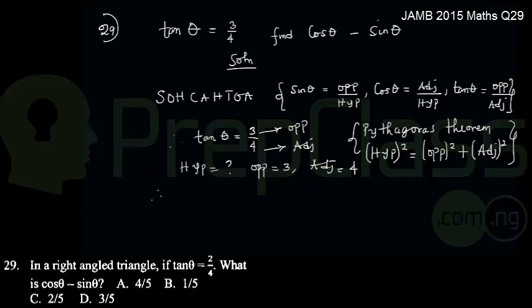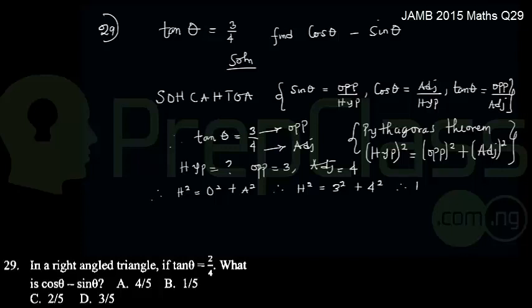From Pythagoras' theorem, we say that the hypotenuse all squared, which is h squared, will be equal to o squared, opposite square, plus adjacent square. So I would have h squared equals the opposite, which is 3 all squared, plus 4 all squared.